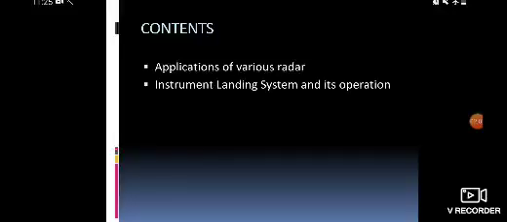That can be detected with our CW radar, that is the continuous wave radar. So that is modified into the FMCW radar, which uses the Doppler effect, and it can give a clear picture of our target.